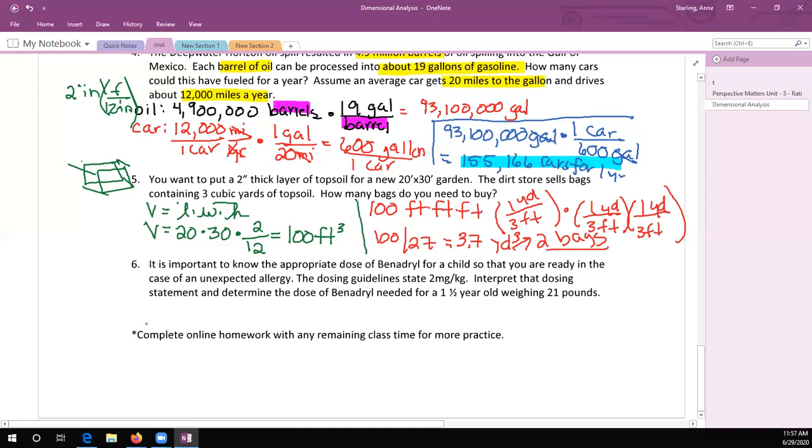All right, and then last but not least, dosing says 2 milligrams per kilogram of weight. We have a 1.5-year-old, which doesn't really matter, weighing 21 pounds, and we have the dose in milligrams per kilogram. So let's start with the child. The child is 21 pounds, and the unit of weight here is kilograms.